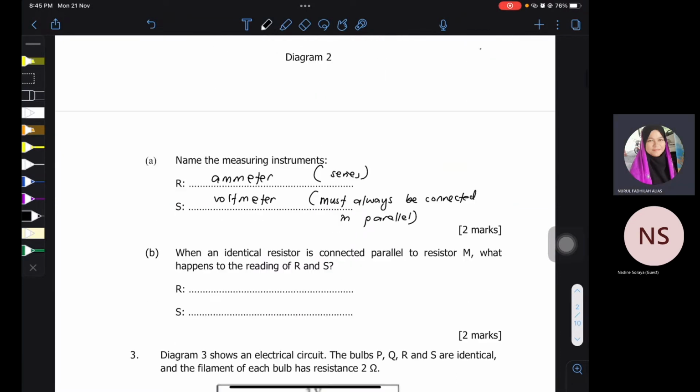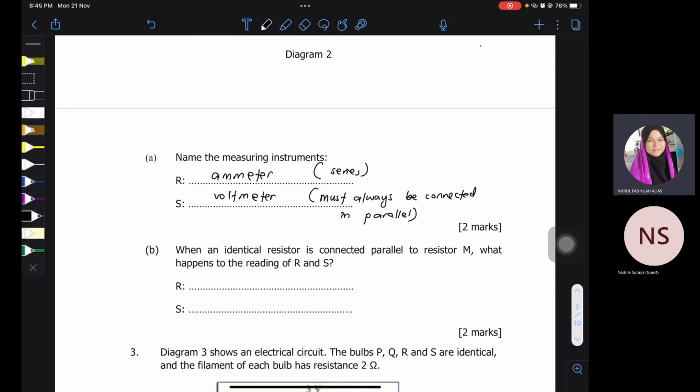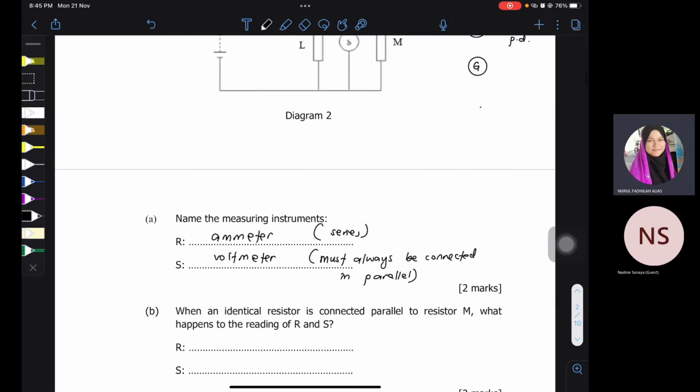Okay, when an identical resistor is connected parallel to resistor M, what happens to the reading of R and S? So R tadi ammeter. Jadi ammeter tu measure apa?